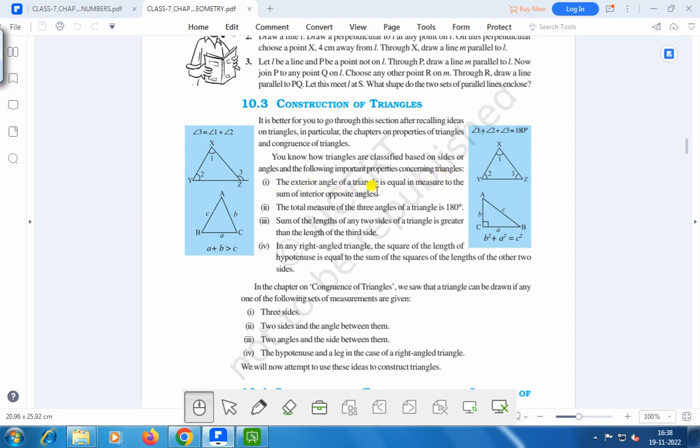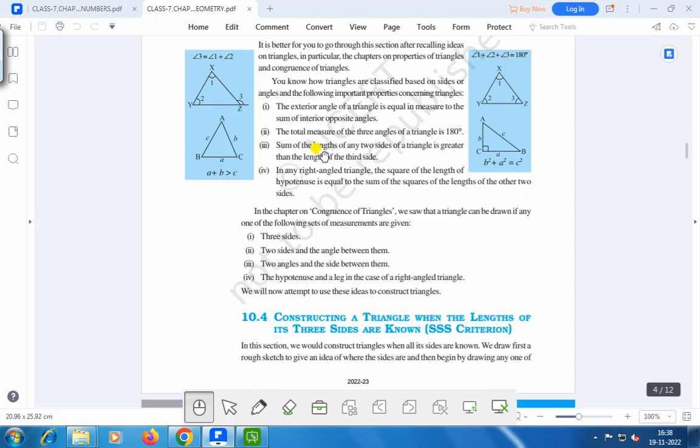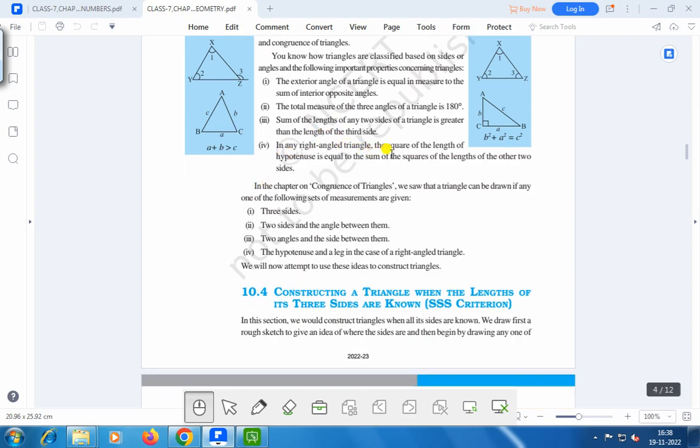The exterior angle of a triangle is equal in measure to the sum of the interior opposite angles. The total measure of the three angles of a triangle is 180 degrees. The sum of the lengths of any two sides of a triangle is greater than the length of the third side. And in any right angled triangle, the square of the length of the hypotenuse is equal to the sum of the squares of the lengths of the other two sides.